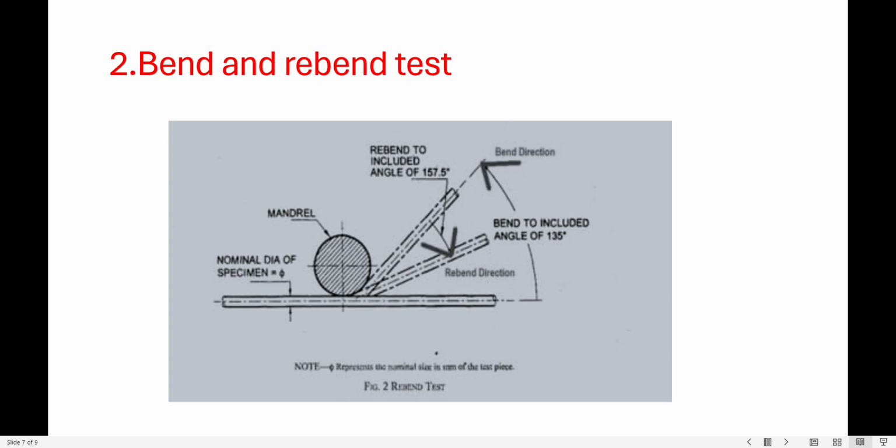First, the specimen is bent to a specified angle of 135 degrees, and this is the bend direction. Then it is kept in hot water for a specified time, commonly up to 30 minutes. After cooling, the specimen is rebent in the opposite direction to a specified angle of 157.5 degrees, and this is the rebend direction.